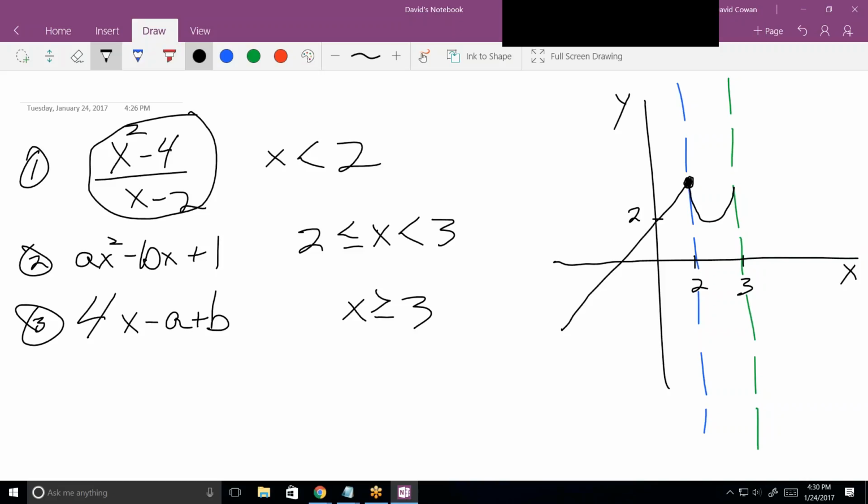So the first function, as I said, if I factor that and cancel, I get x plus 2. So basically I have to say x plus 2 has to equal ax squared minus bx plus 1 when x is 2.